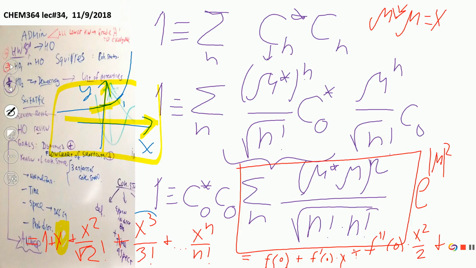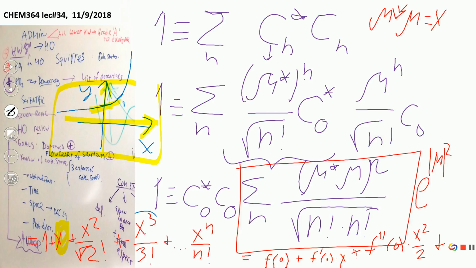This is mu star times mu, our x. In the denominator, we have n factorial. So it will be exponential of what? It's already written. So this red box is replaced by e to the power mu squared. Convincing? No argument?